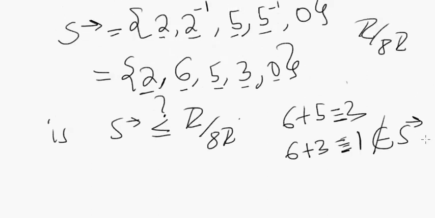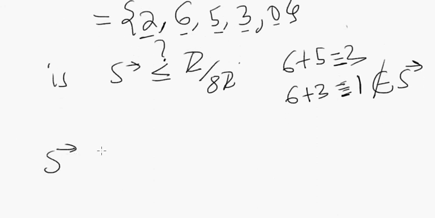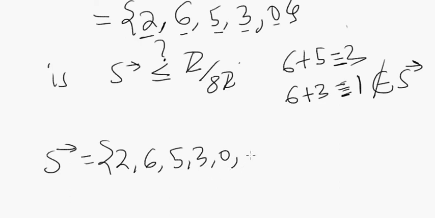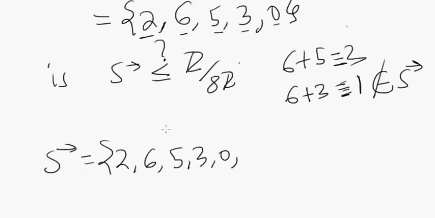Well, how can we fix this? How can we adjust S extended so that it actually becomes a group? So maybe we can add in closure as well. So that is S extended, we could set it equal to {2, 6, 5, 3, 0}, and then from here, let's add in all the... this actually becomes a challenge, doesn't it?